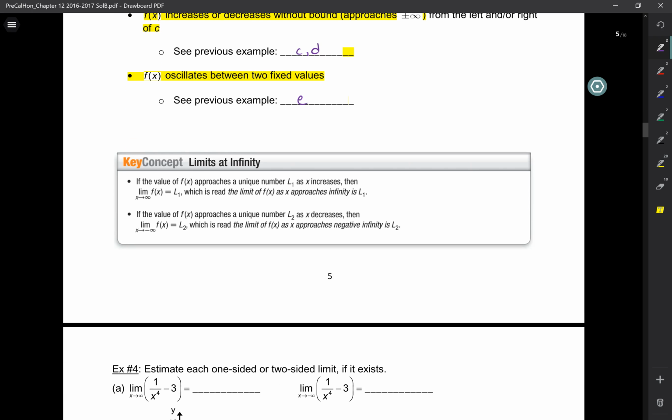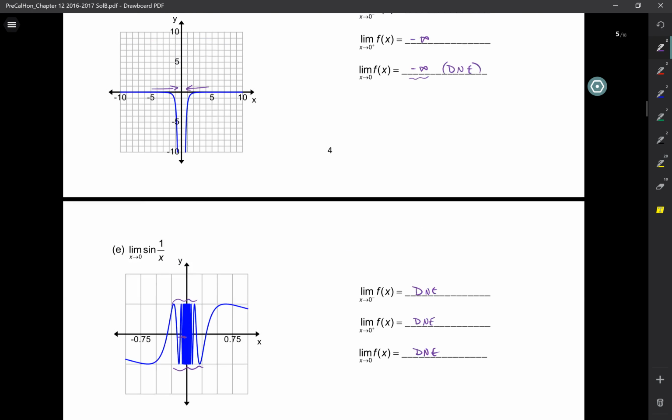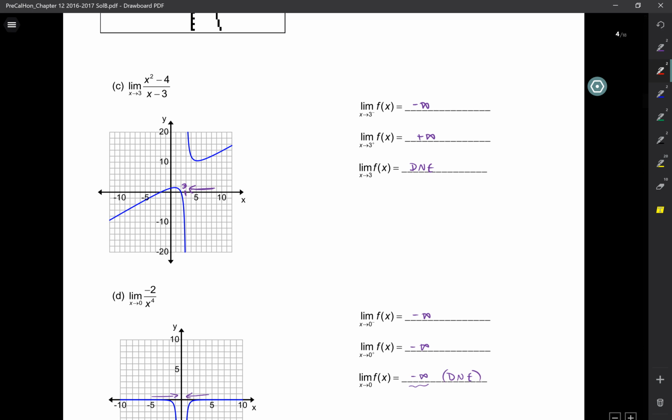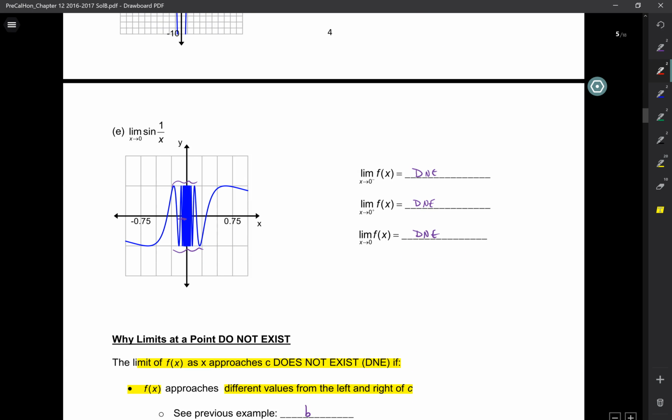Okay, now, in all of the examples that we did, we were looking for a limit as x approached a certain finite value, like x approaches 0, 3, -7, and so on.